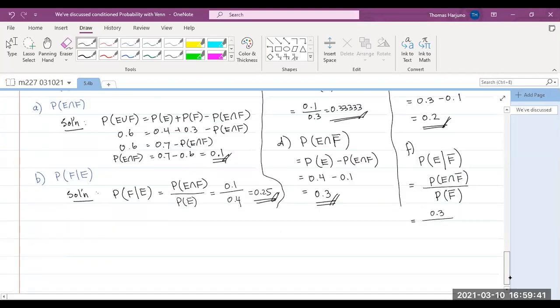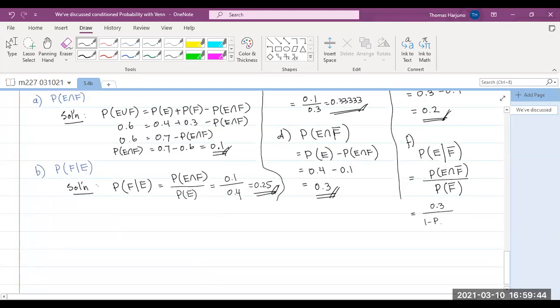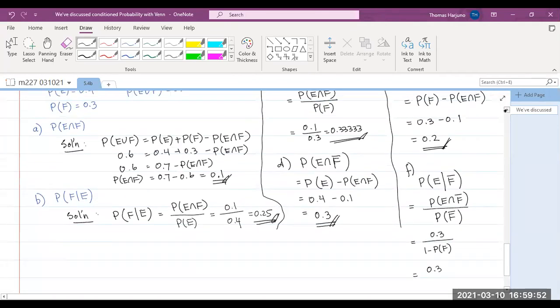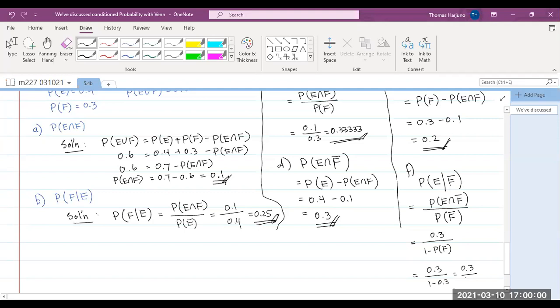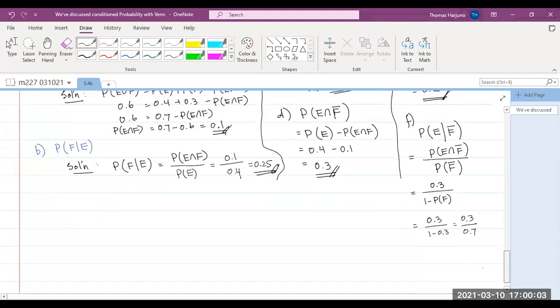While probability of not F is 1 minus probability of F. Probability of F, we saw earlier, is 0.3. So this is 1 minus 0.3, that's 0.3 over 0.7. That is 0.42857.